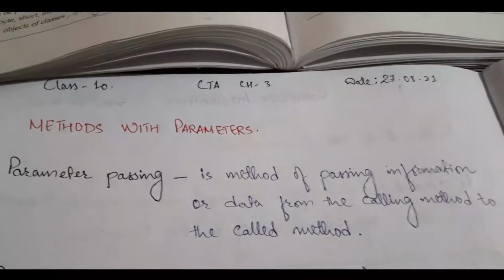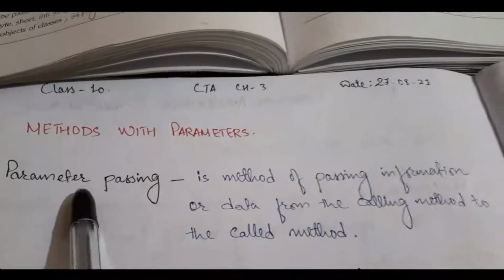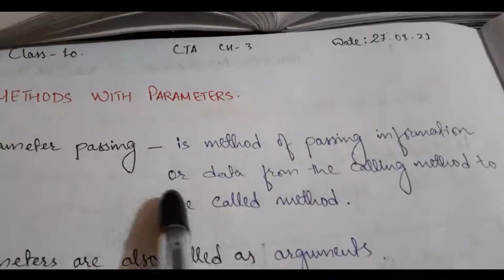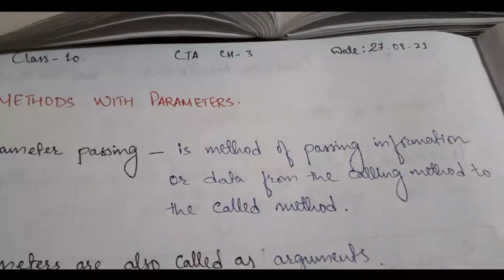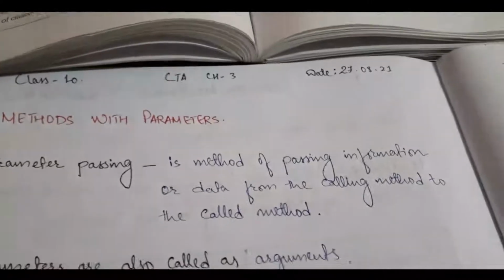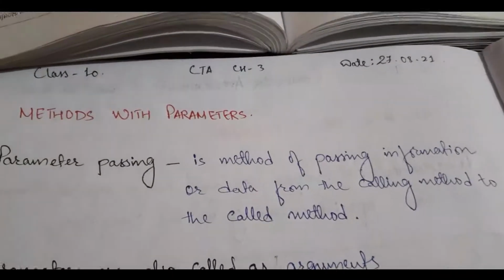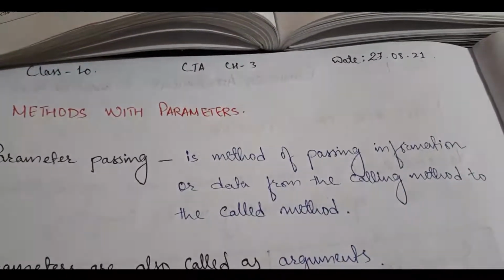So let us start with parameter passing. My dear students, parameter passing is the method of passing information or data from the calling method to the called method. Whenever we are dealing with the programming portion for this particular chapter, we can find two different types of methods.